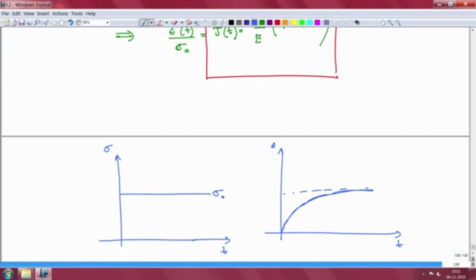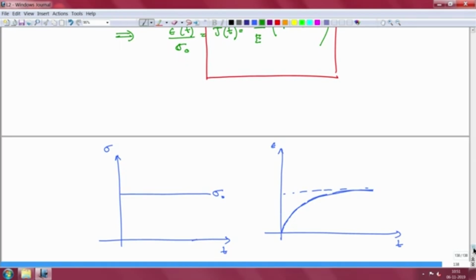If you recall the intuitive diagram that we had drawn, there should have been some quick elastic response to an applied stress, and then there should have been an increase with time, but that initial elastic response is totally missing in this particular case.